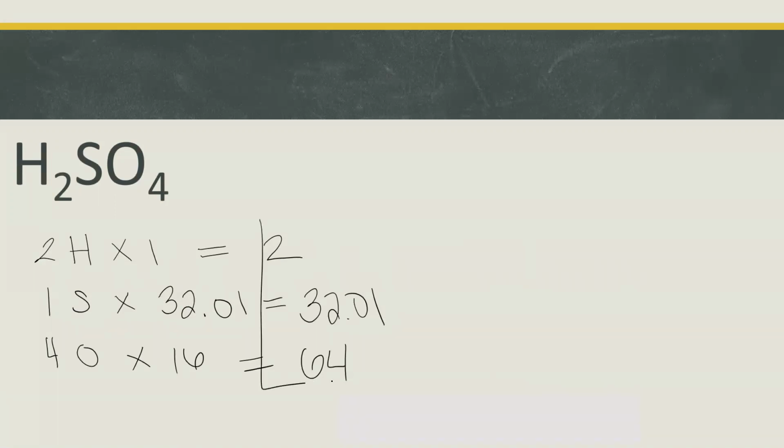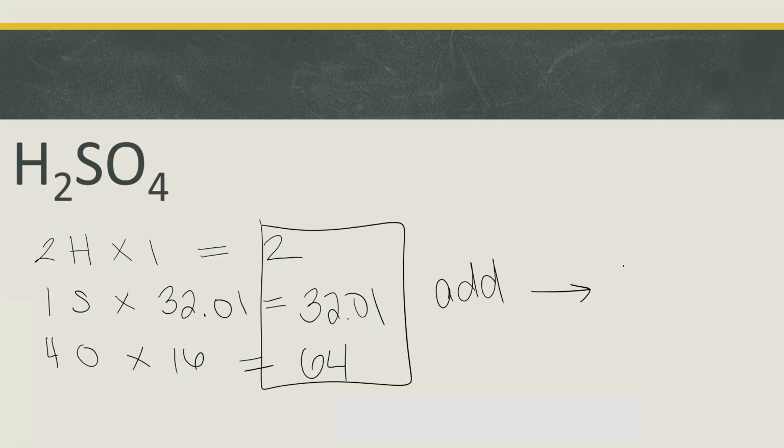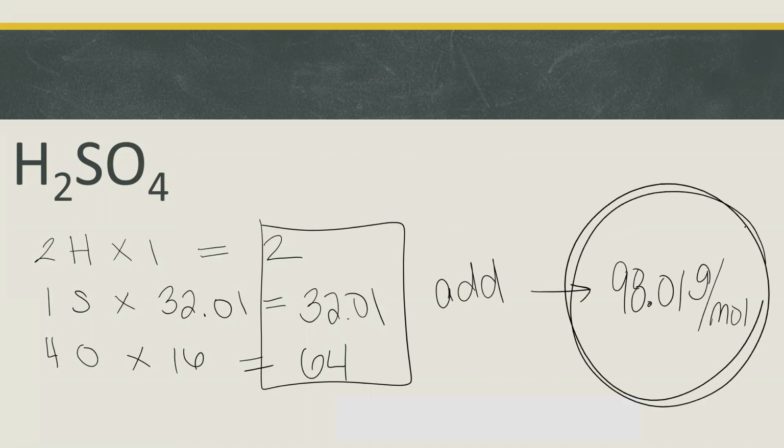Then you add these numbers together to get the sum. So 64 plus 32.01 plus 2, I get about 98.01 grams over moles. That is the molar mass of H2SO4.